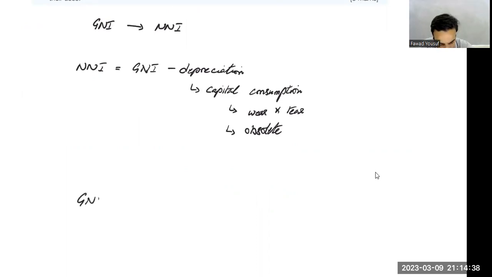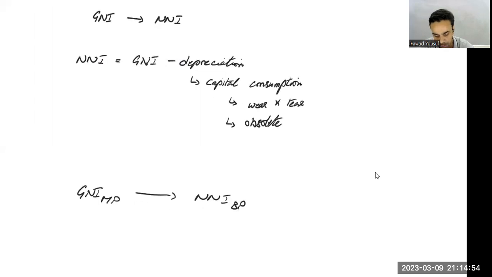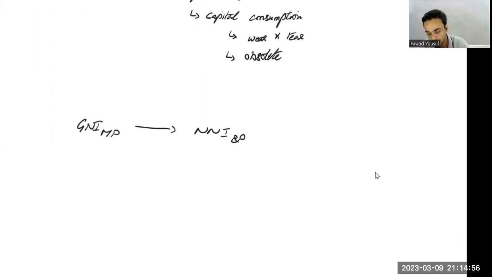You had GNI at market price, and you want to convert this into NNI at the basic price. They're calling it basic price, which is fair. Pakistani government की statistics में भी हम इसको BP basic prices कहते हैं. In another terms, A levels में हम इसको factor cost, factor price भी कहते थे. This is what this means, and this is how I explained you guys also in class.